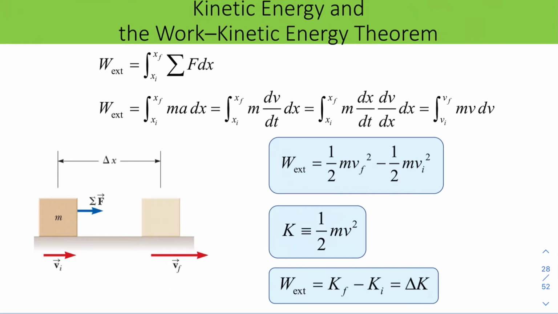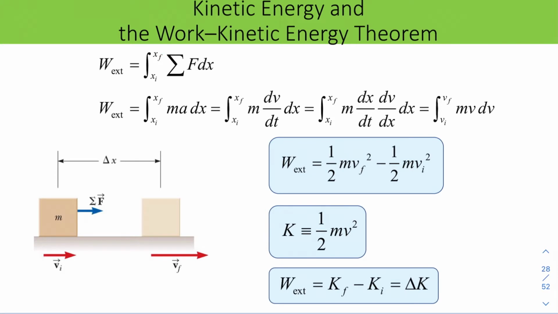So, to calculate the work done by this net force on the block or object, we may use the integration of the summation of F with respect to dx from the initial position up to the final position.